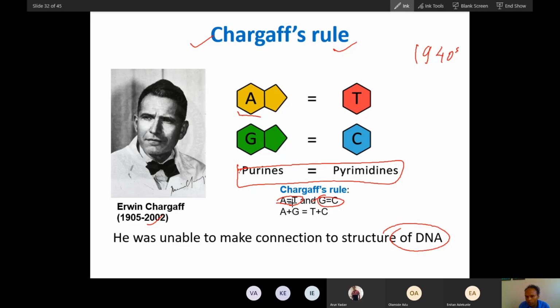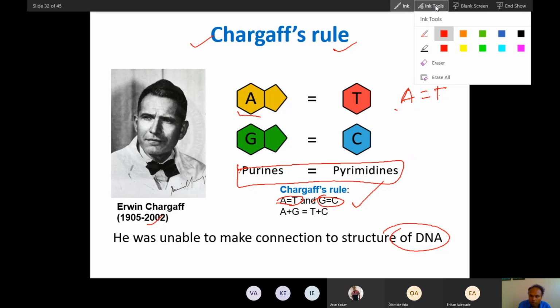Today we don't have to memorize this, and we don't even consider it a rule. But when Watson and Crick developed the double-stranded helix model, this rule was very significant. We know right now that A binds with T, and that is why A will be equal to T, because hydrogen bonds form between adenine and thymine.